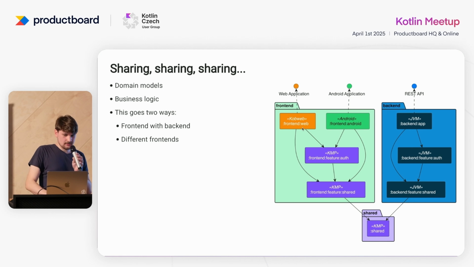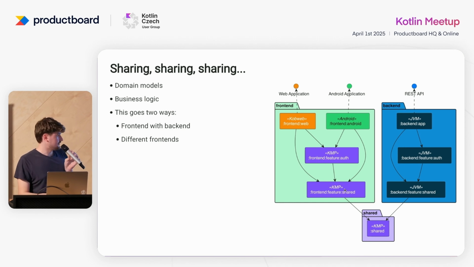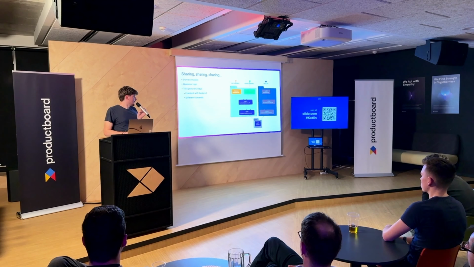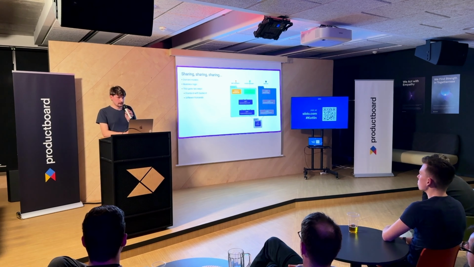So for example, if you have a Kobweb application, you can access the different feature modules and the shared module of the front-end module to share the whole business and domain layer with a different front end. So when implementing, let's say, two different applications, you can write the whole domain layer only once.